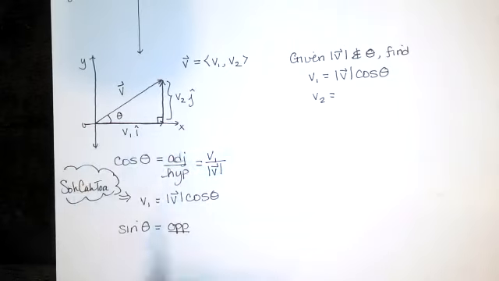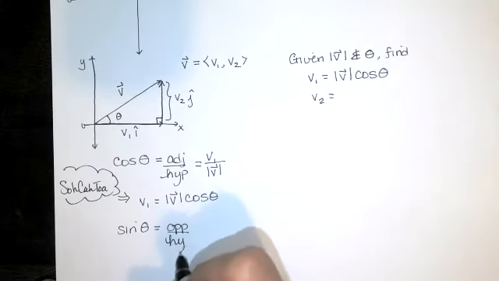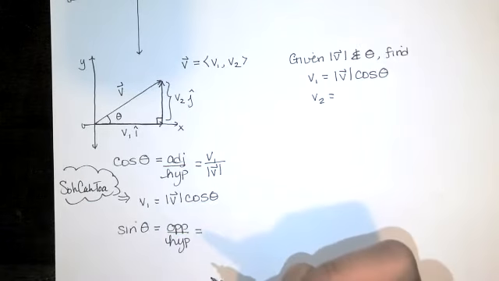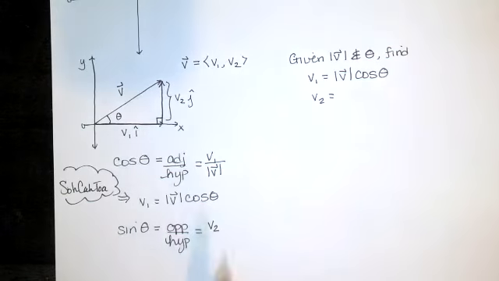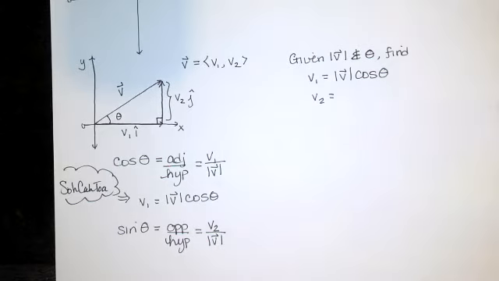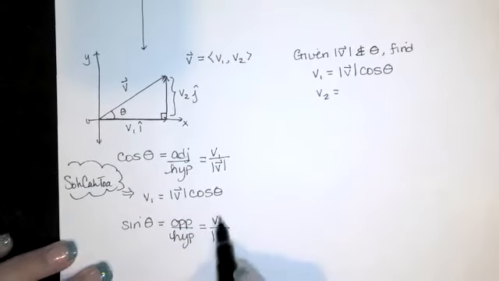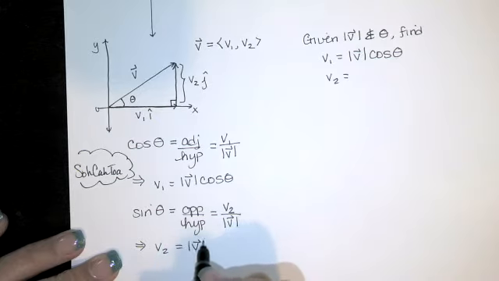That little mnemonic device. Sine is opposite over hypotenuse. The opposite side has a value of V2 when the hypotenuse is given by the magnitude of V. So if we were solving for V2, which is the opposite side, we get V2 as the magnitude of V times sine of theta.